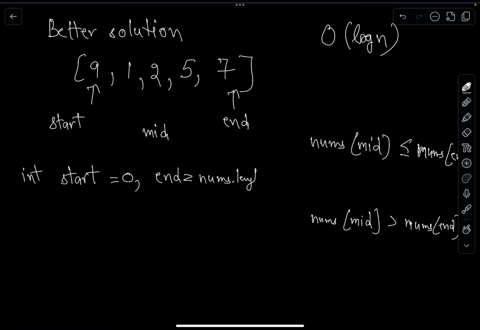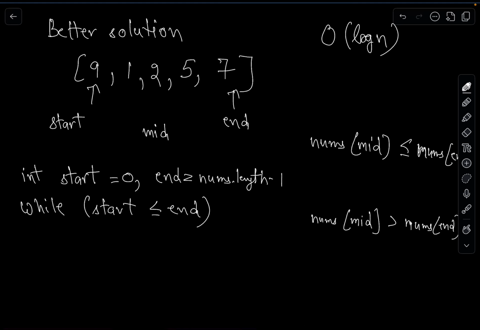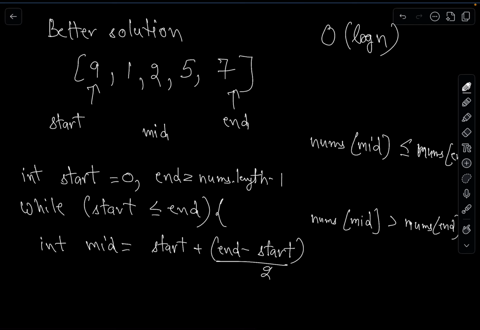If you find it difficult, then you might check some basic binary search algorithms online, and then you will get an idea. Here, we'll check the mid element, and the mid element is generally calculated using this approach just to get rid of overflow.